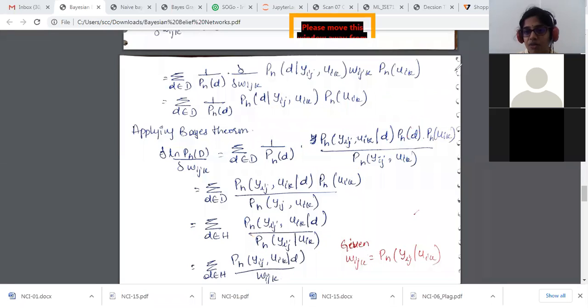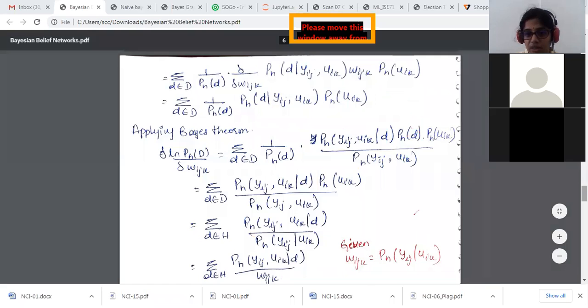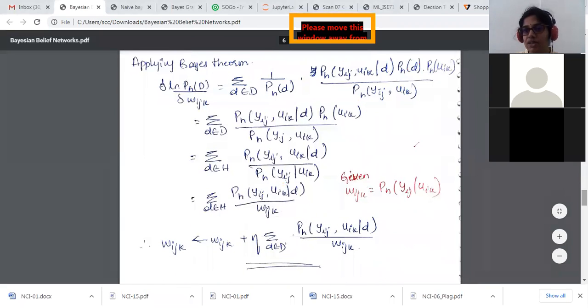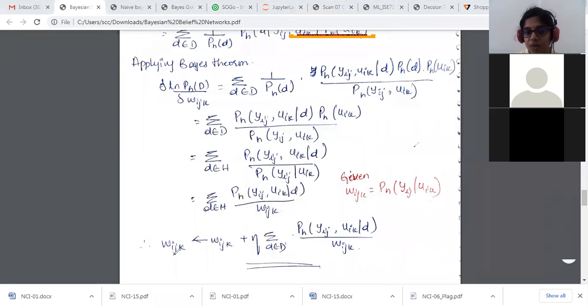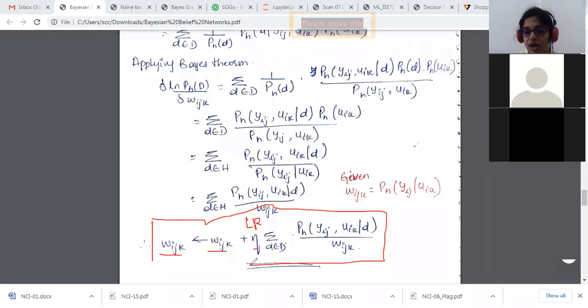And the final part of it is your Bayes weight update, for a particular given weight. There's already a weight, and I'm adding a new weight with the learning rate. This is the learning rate LR. So please keep this entire equation in your mind. We will be using this when we are applying the Bayesian belief networks lab program.